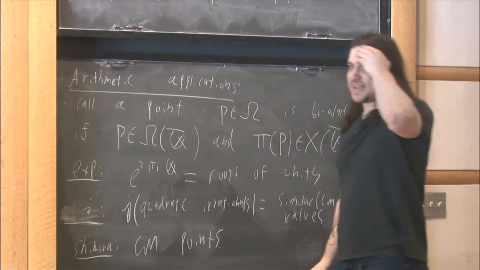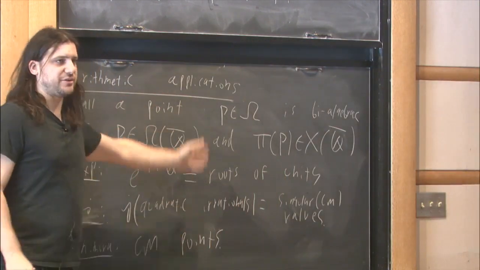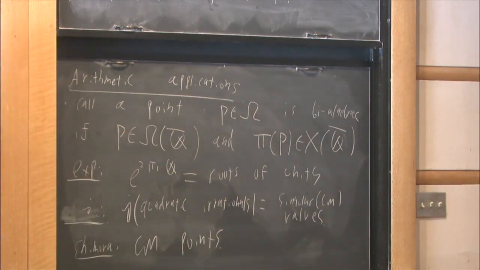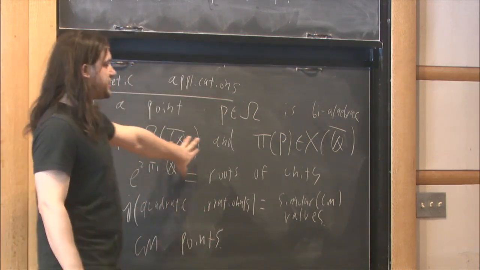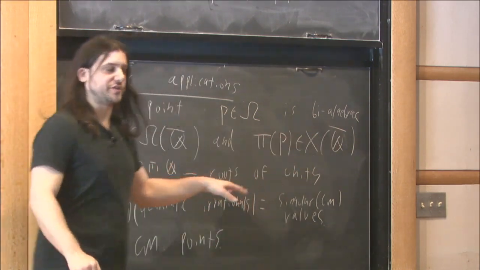Somehow the bialgebraic analogy, you can think of as having this arithmetic counterpart, where instead of looking for curves which are algebraic in both worlds, and that somehow you can think of as working over function fields, if you like thinking about it algebraically, you can also think just over Q-bar, and you get sort of similar statements.